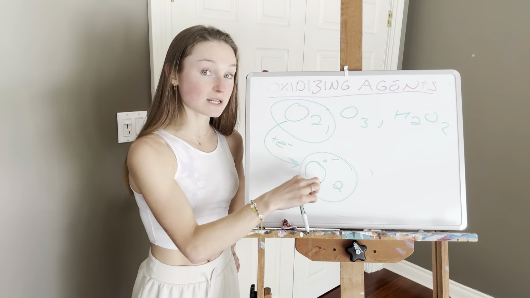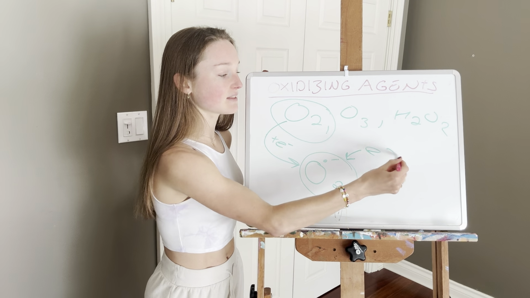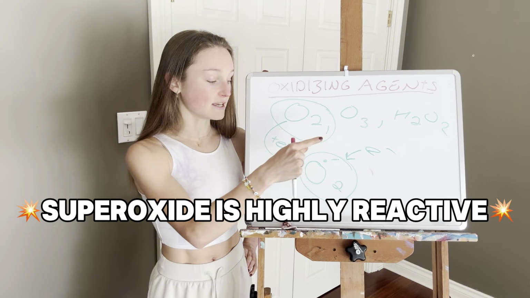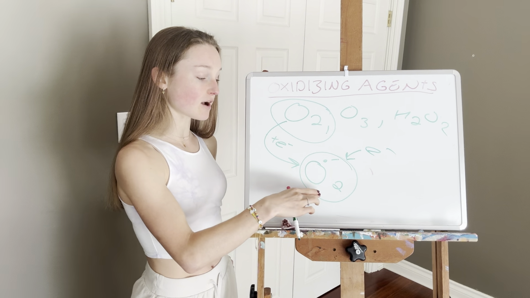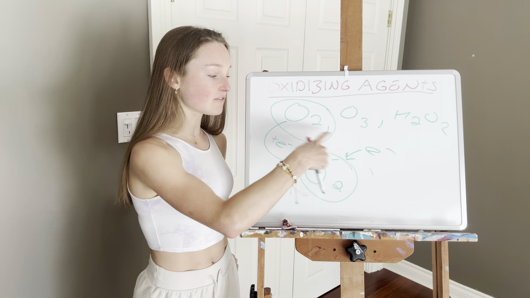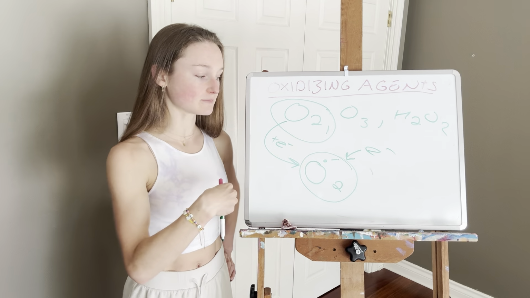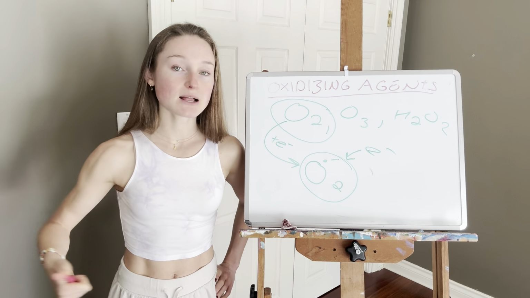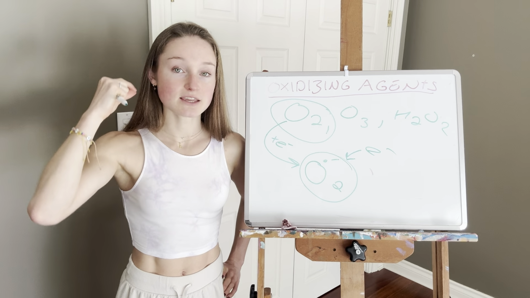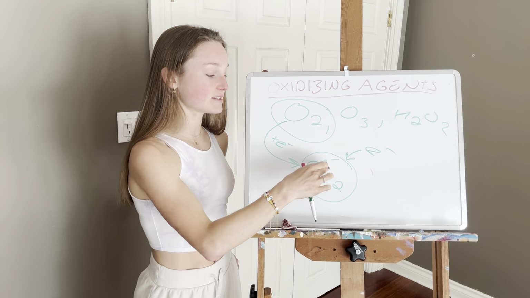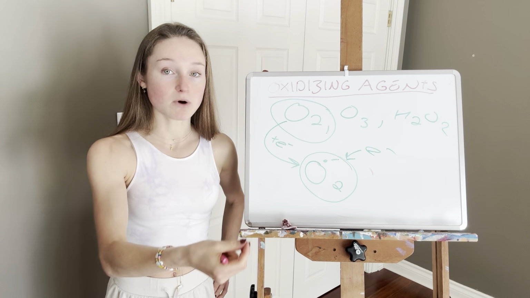It is extremely unstable because now it has this extra electron. Having that extra electron right there is what makes this so biologically bad, because now superoxide anion is going to travel around your cell and he's going to want to get rid of this electron. He's going to show up to lipids in your cell membrane, show up to DNA, proteins, or like the myelin sheath in your neurons, and he's going to dump this electron onto those good healthy molecules.